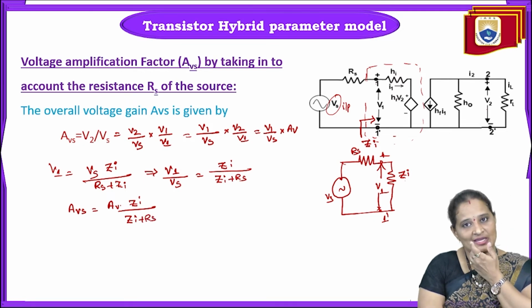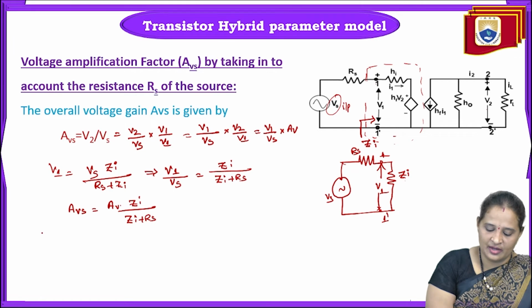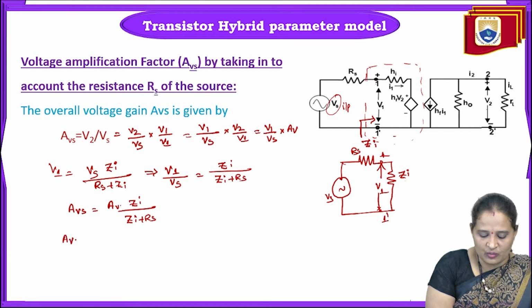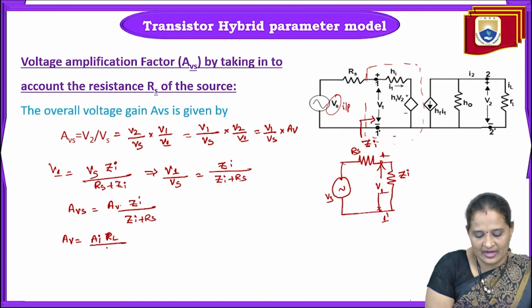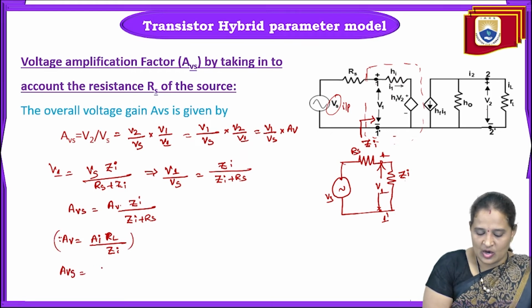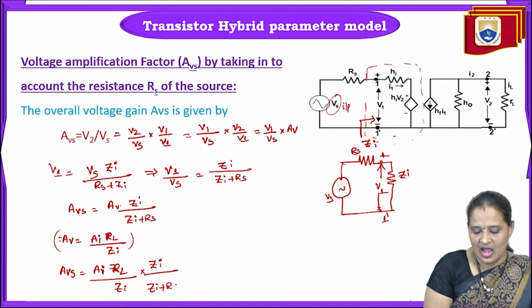We already know that AV equals AI into RL divided by Zi. Substituting this in the above equation, AVS is AI into RL divided by Zi, into Zi by Zi plus Rs.